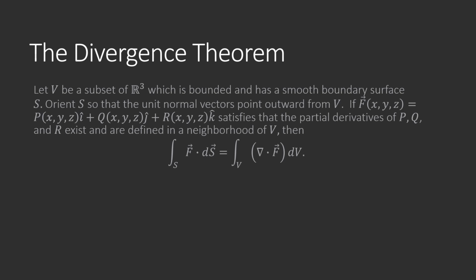So again, I have my vector field where the components have continuous partial derivatives in some neighborhood of V, so think of just making your region in 3-space a little bit fatter, and then it has to have continuous partial derivatives all over there. Then if I integrate the derivative, so the divergence, here's what we're thinking of as the derivative. And as I've said before, all of these things I'm saying are like derivatives, are actually derivatives.